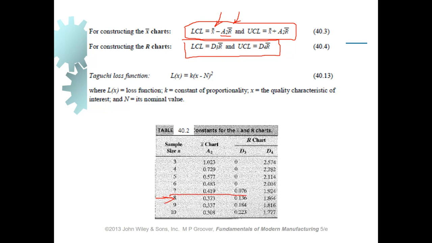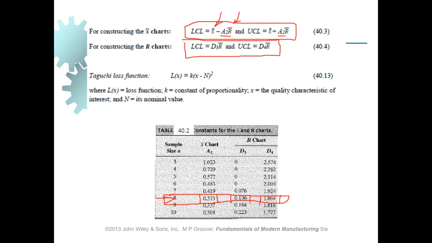So we just get the values in this row out from this table. The value of A2 is 0.373. The value of D3 is this much, and the value of D4 also that much. So we take these values from this table, which should be substituted in the above equations. For computation of LCL, we need A2.